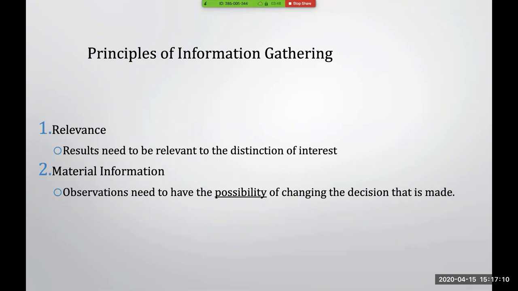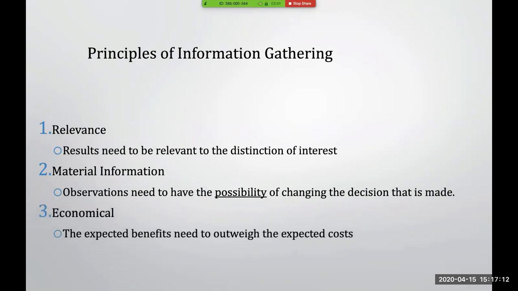The third one is that information gathering should be economical, meaning you should not pay more than the value of the information. That is why we have been so interested in the value of perfect or imperfect information. Remember that the value that we have calculated is the maximum price that you are willing to pay. Okay?